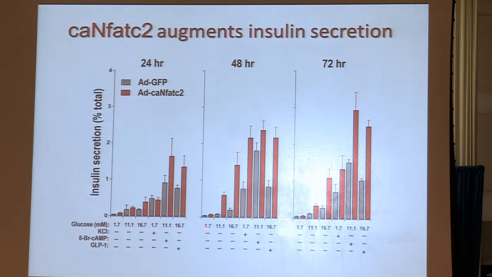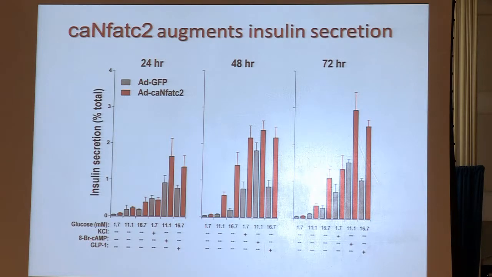So we're looking at low glucose, intermediate glucose, high glucose, and you can see that it's higher here, it's much higher here. This is a way to probe various pathways within the islet that govern insulin secretion. So if you add potassium, that's a non-metabolic signal that depolarizes the membrane and affects the calcium entry. And you can see that's promoted.